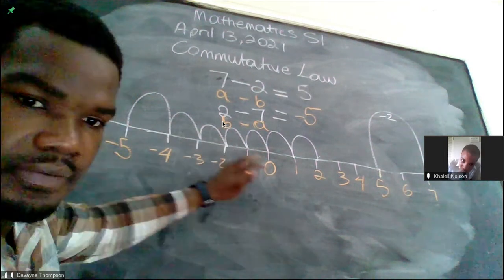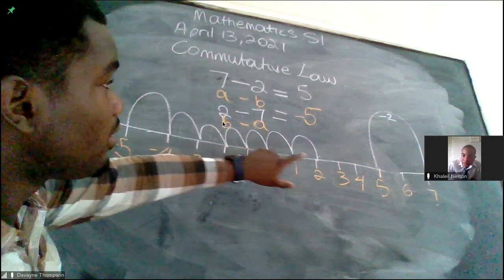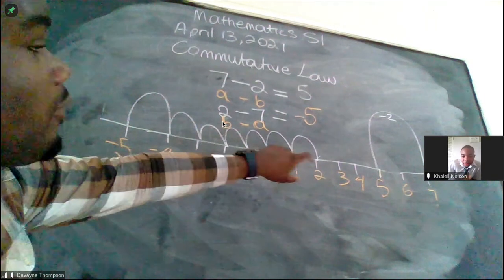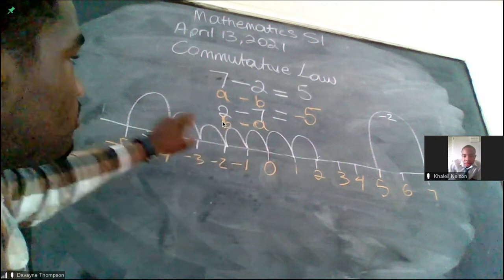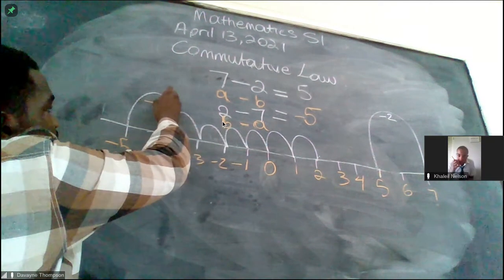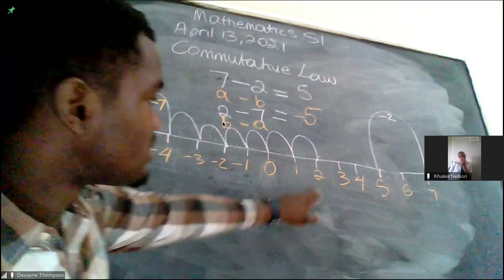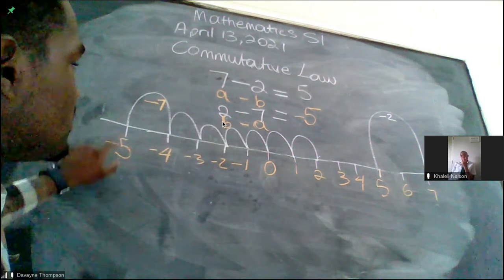Everybody, can I rub this off? No, sir. Alright, before I finish though, please ensure that you put a minus 7 to represent this jump. Put a minus 7 right here. There you go. So we started from 2 and we minus 7 to negative 5.